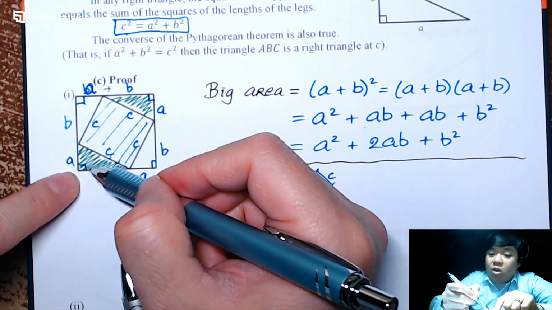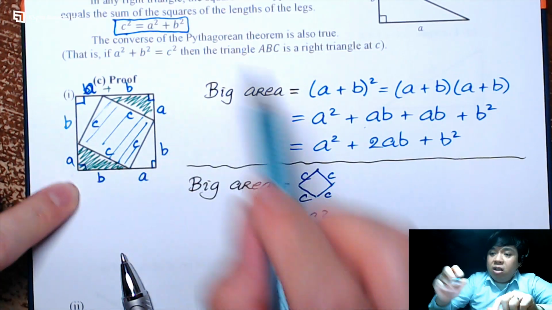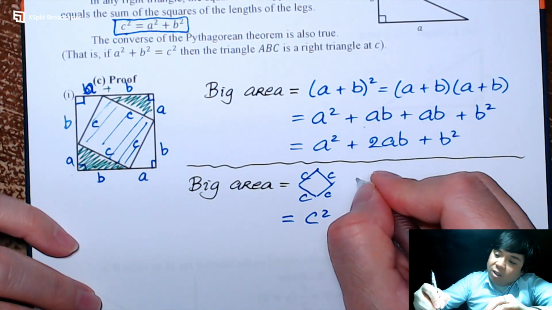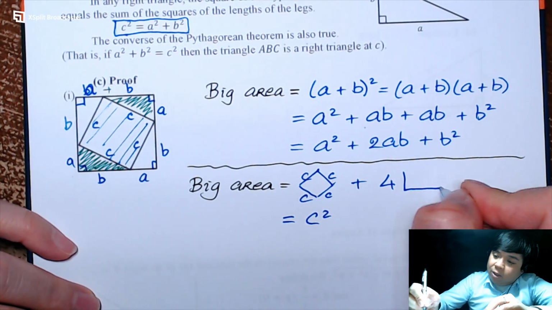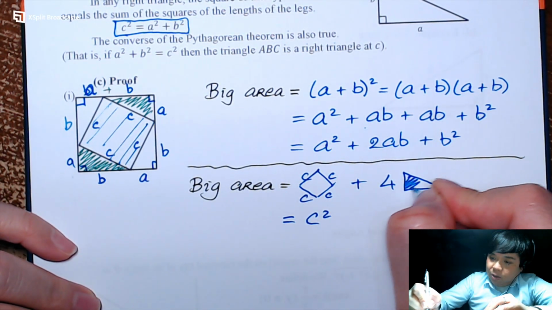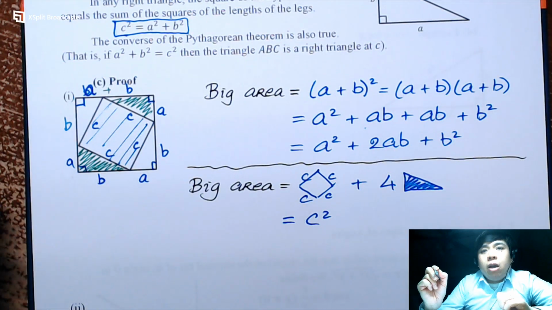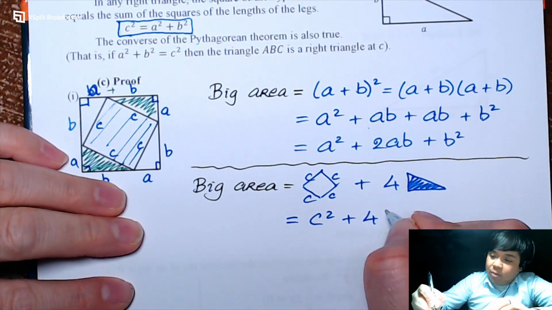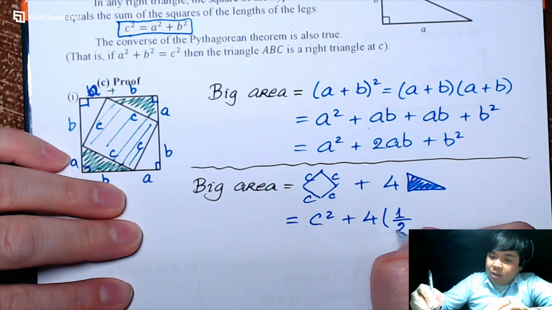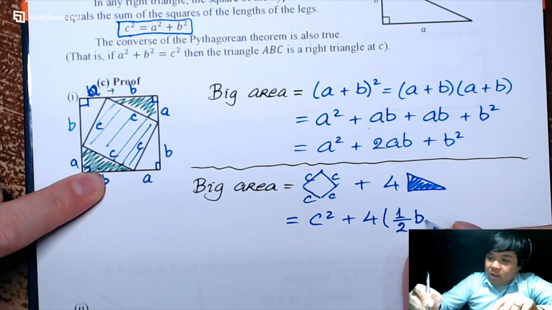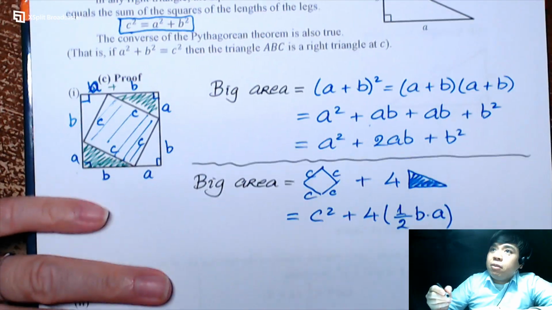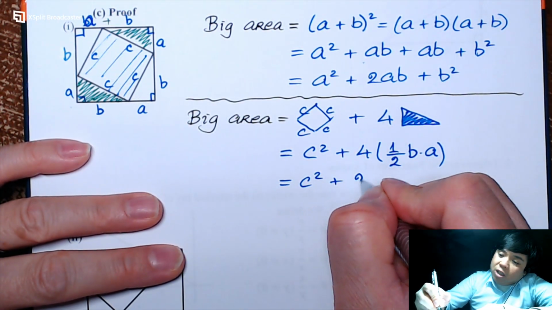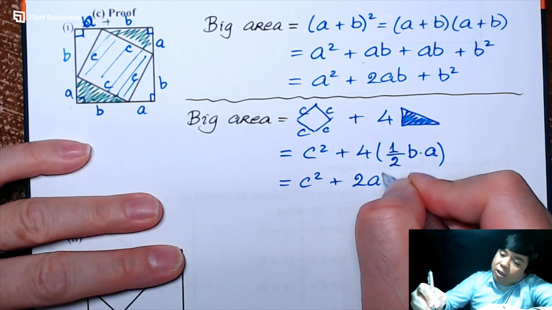The area of each triangle is 1/2 base times height, and we have 4 of those. So we have C squared plus 4 of those, each one 1/2 base times height. So we have C squared, and 4 times 1/2 is 2, so 2A times B.